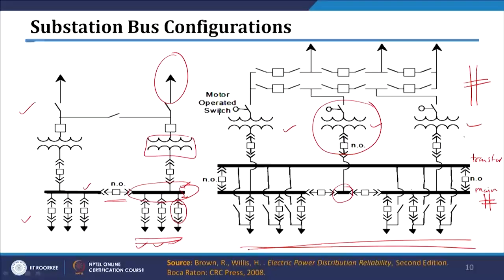So whenever one transformer is out for maintenance or because of a fault, you can still feed the power by energizing the transformer which is basically your spare transformer. So because of the spare transformer, main bus, transfer bus arrangement and ring bus arrangement at the input side, the reliability of this particular substation will be higher.